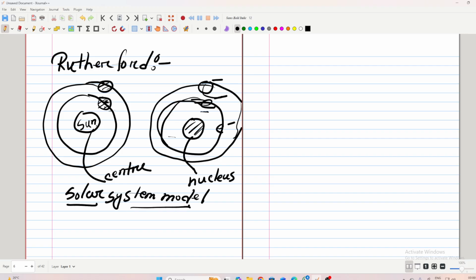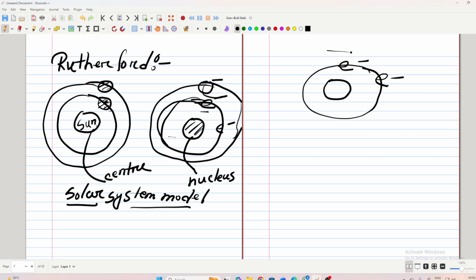In the solar system model, the planets are rotating around the sun. In the same way, the electrons are rotating around the nucleus. So we will do a postmortem of this nucleus. What actually lies in the nucleus?